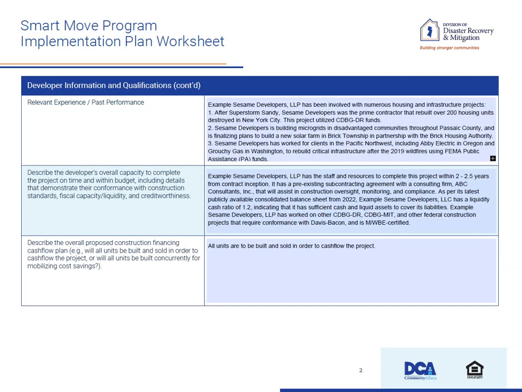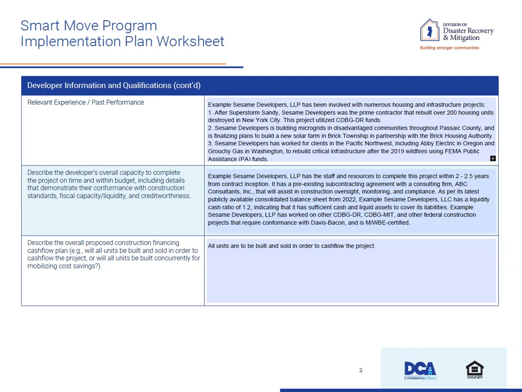Next, on page 2, we continue with the Developer Information and Qualifications section. Here, we want to include more specific details about the developer's past relevant experience and its financial ability to complete this project. Using this information, DCA can better determine your developer's ability and capacity to implement this project.